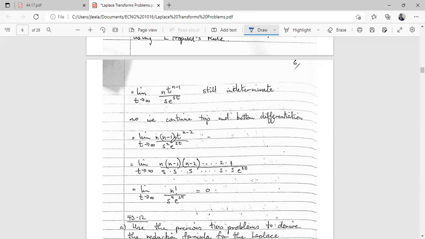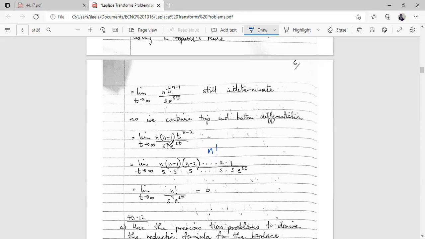So what we do, we continue differentiating, right? So if you notice, you see a pattern here. You'll have n minus 1, n minus 2, and eventually, right, this is the form of n factorial. It will differentiate all the way down to 2 by 1, right? So that is n factorial basically, right?